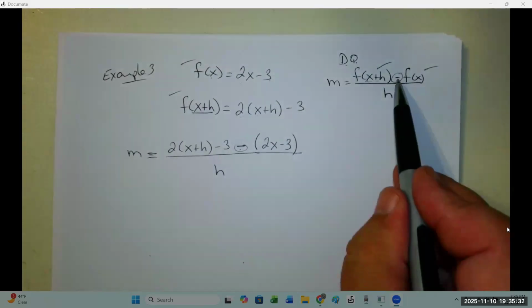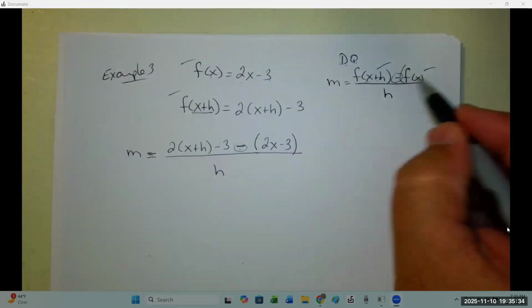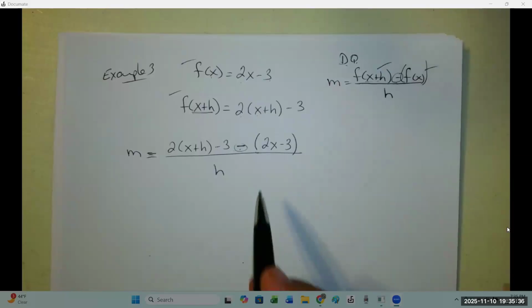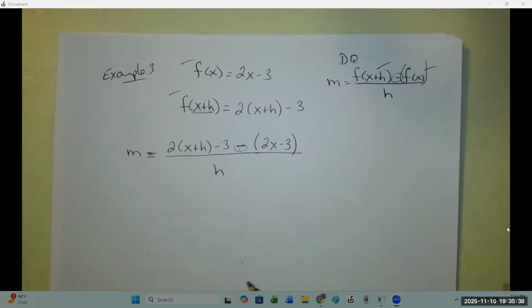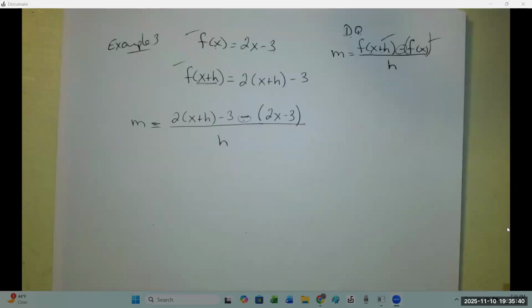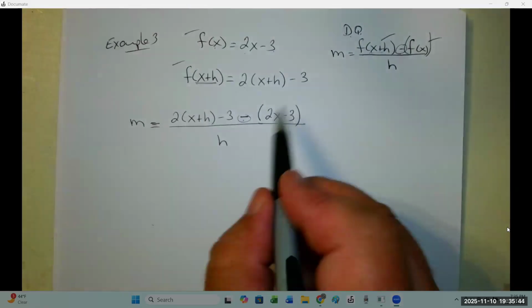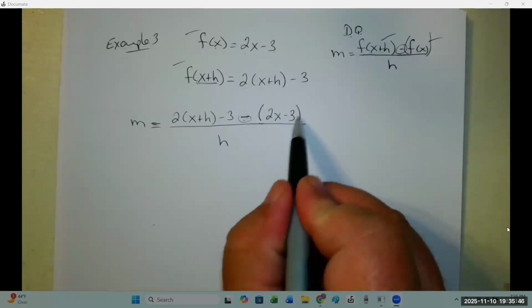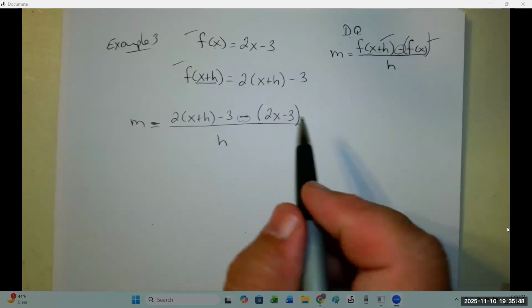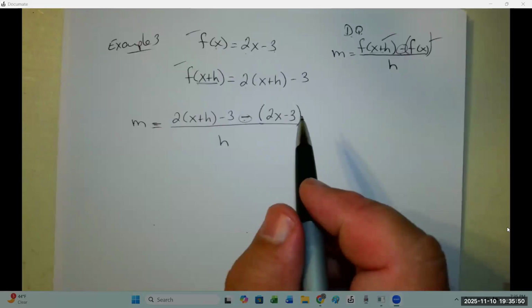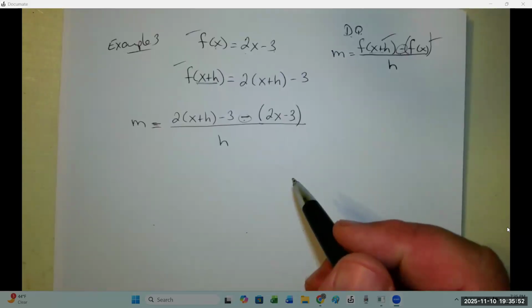Because there's a minus sign between there, put this function in parentheses, because if not, it'll only change the first term. Here's a general rule. When we finish simplifying, everything after this minus sign, all these terms here, have to cancel. They have to cancel, or else we did something wrong.